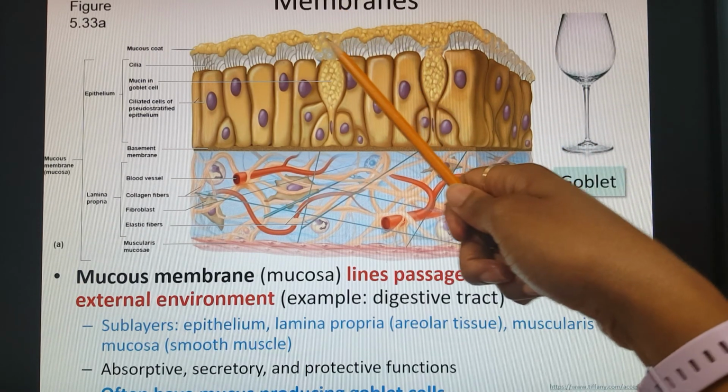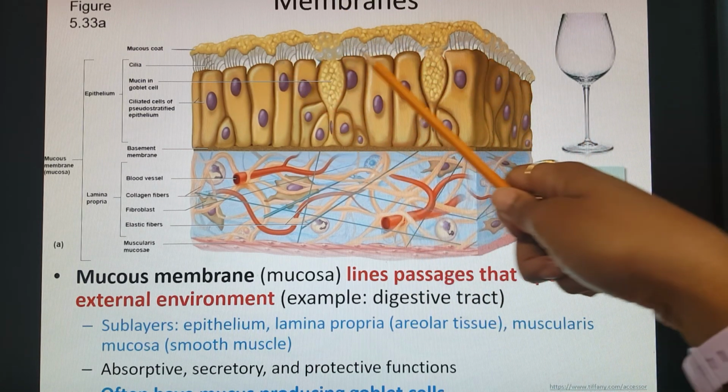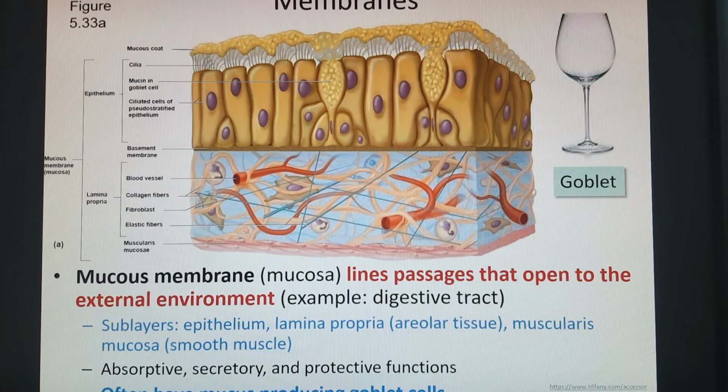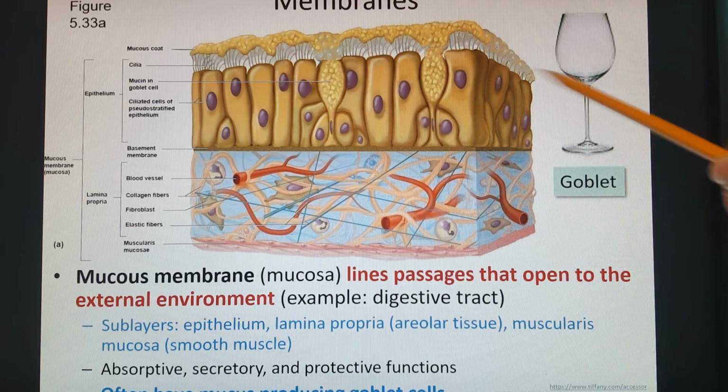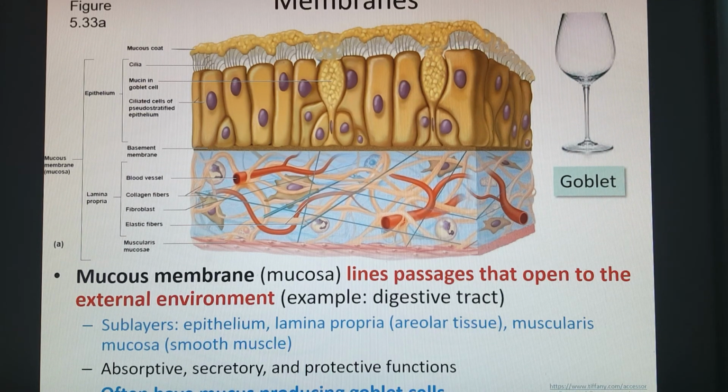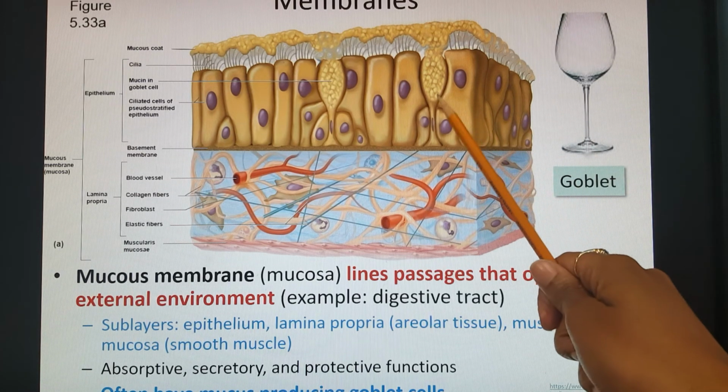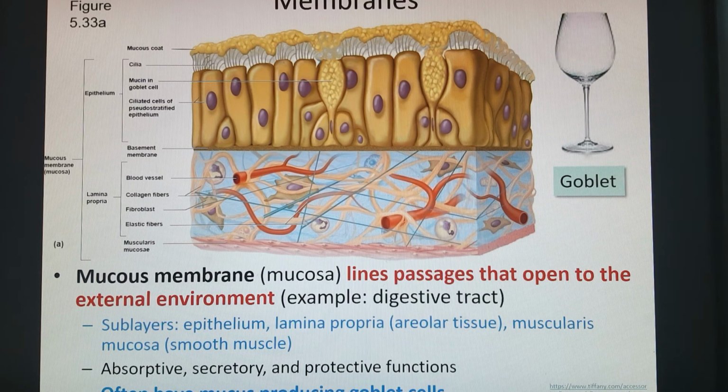At the top of this, we have these cilia, those cell extensions that we learned about in chapter 3. Those cilia push the product in one direction, therefore able to keep moving the newly created mucus that comes from those goblet cells. Goblet cells kind of look like a goblet, which is an old word for a wine glass.